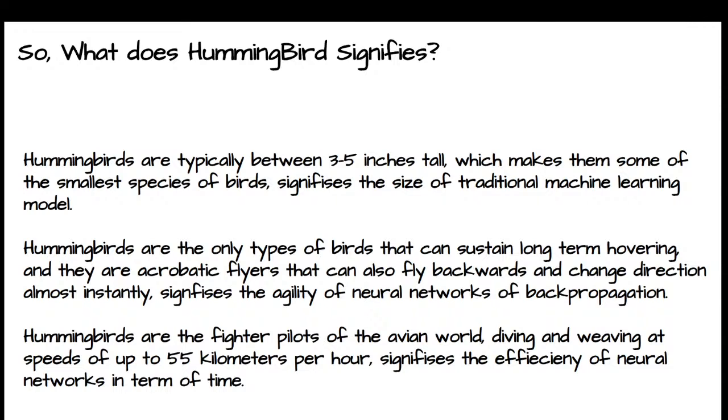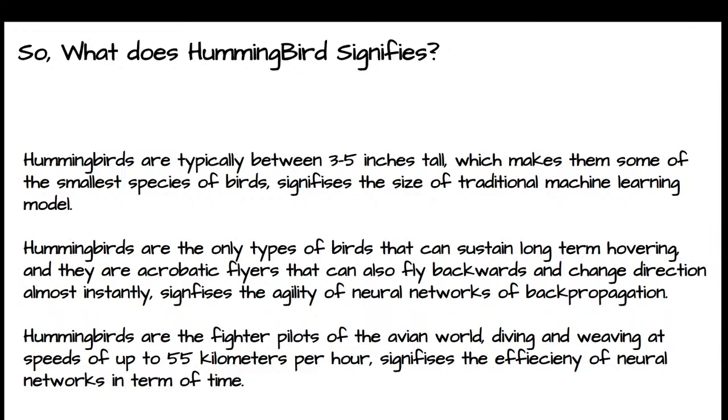Then the second thing, hummingbirds are the only type of bird that can sustain long-term hovering, and they are acrobatic flyers that can also fly backward and change their direction significantly. So what does it signify? If you know what a neural network is and how it works, we know that there is a loss function. It will be calculated according to the true output and the output you have predicted.